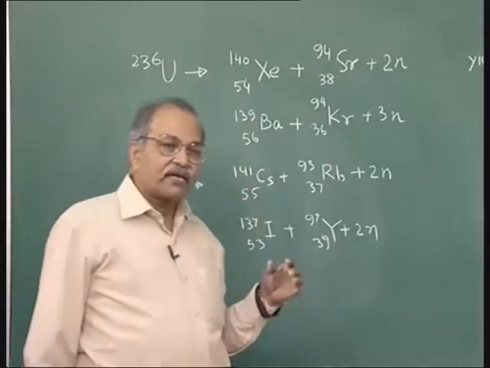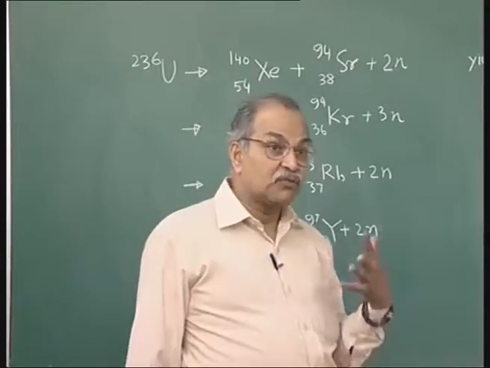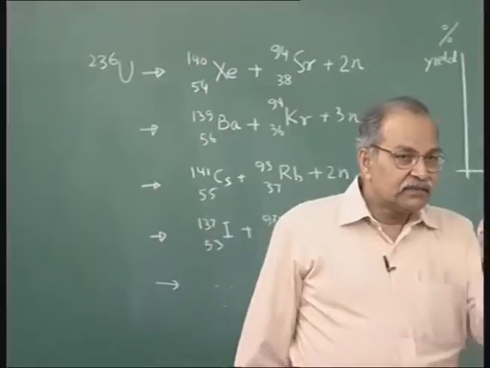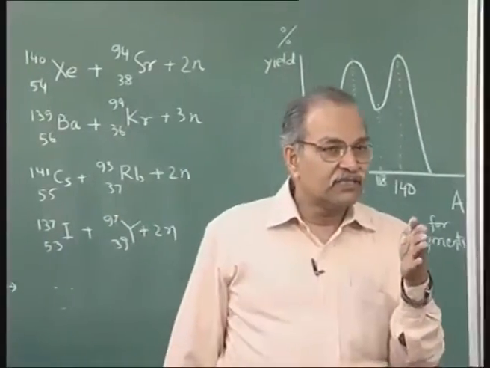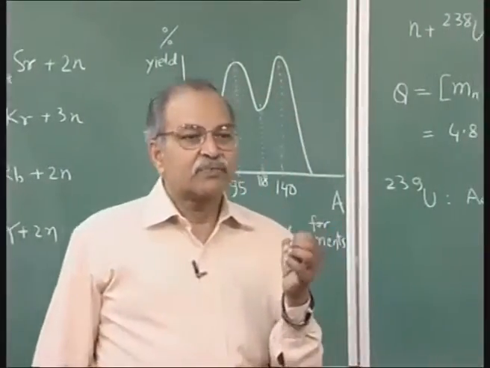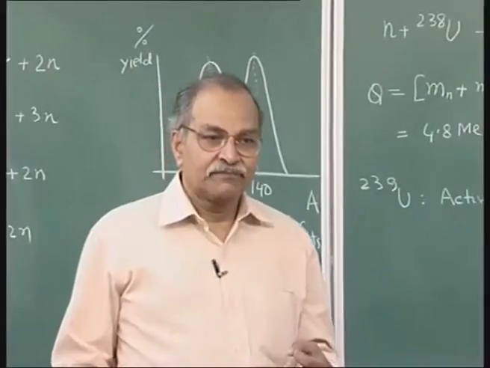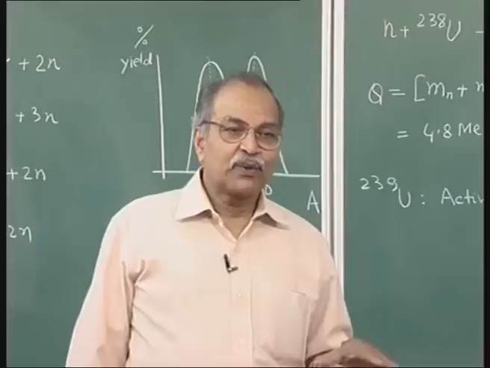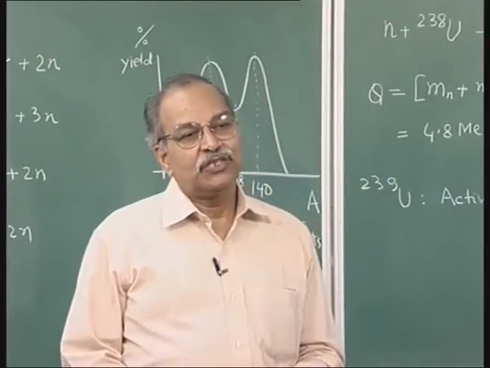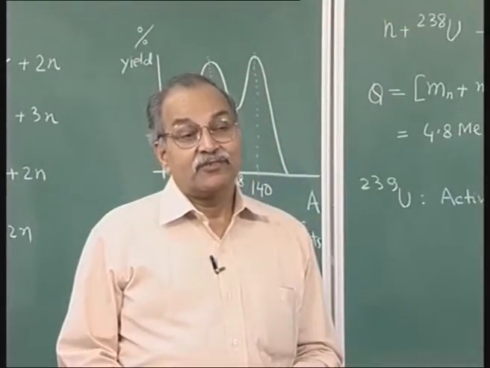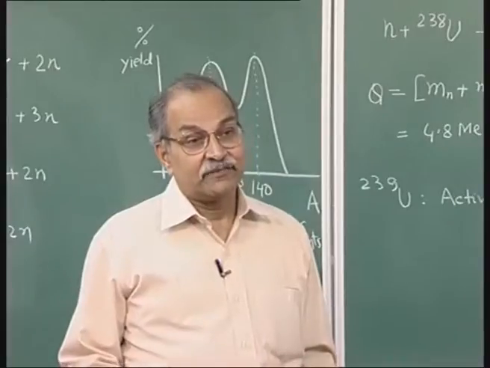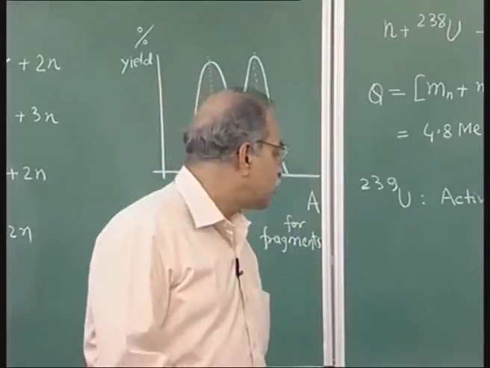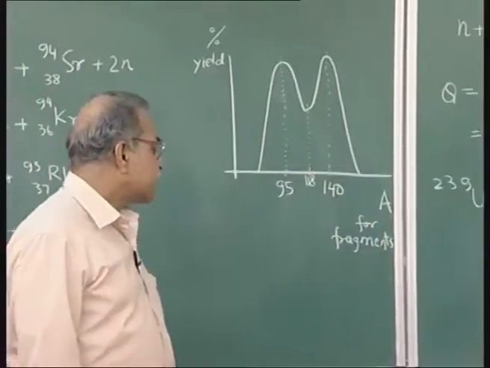Those reactions are much more probable than the reaction in which the original nucleus splits in two equal parts. This asymmetric distribution is one aspect or one characteristic which the liquid drop model is not able to explain.